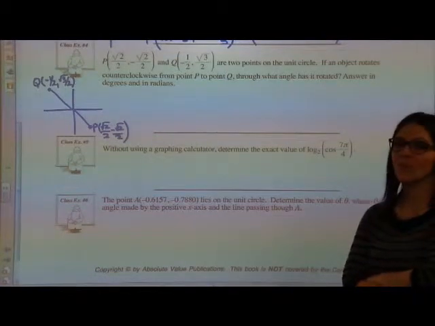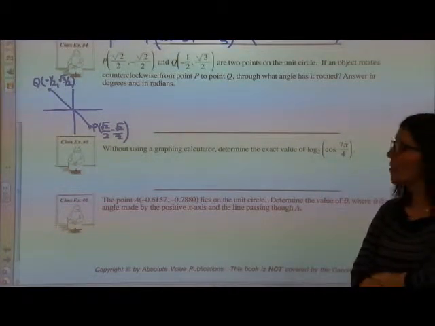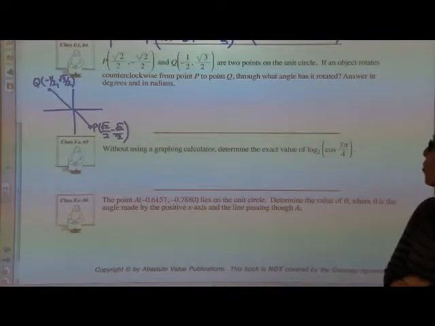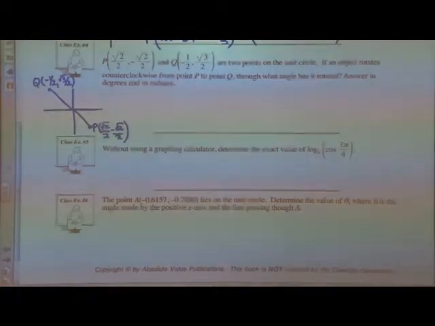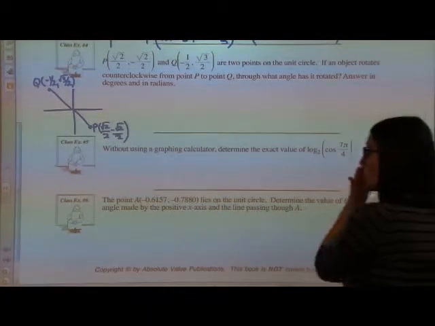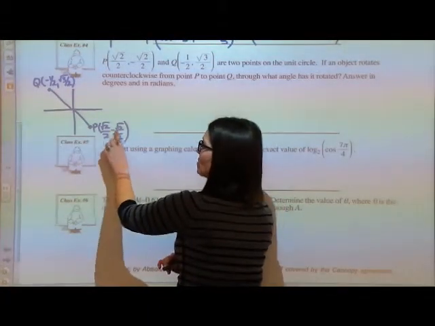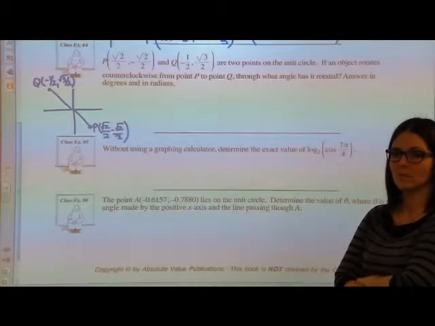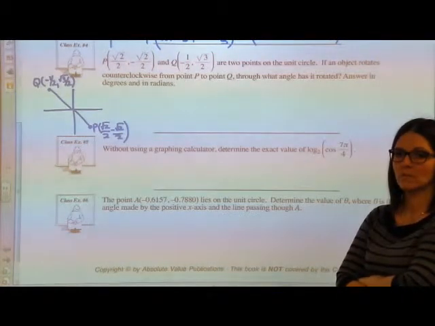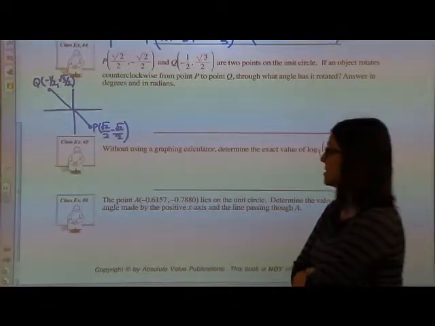So I need to figure out some angle measurements. How can I figure out the angle measurements? Because I don't want to use the unit circle because I don't have access to it on a regular basis. So what do I know about these x and y values? What do they correspond to? Cosine, sine.